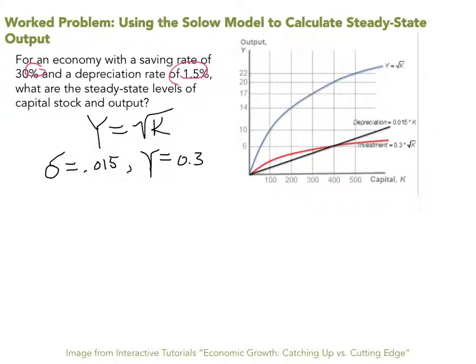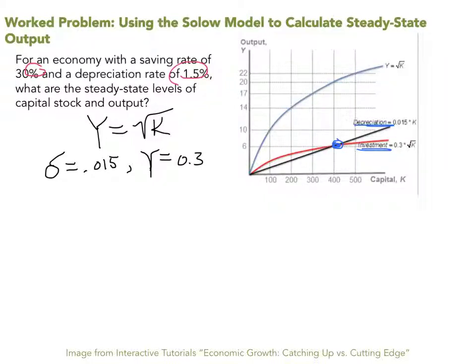We know that the steady state is defined as a spot where the economy is neither growing nor shrinking. You can think of the steady state as where the depreciation is just catching up with investment, or investment's just catching up with depreciation. The same number of machines are being created as are wearing out.